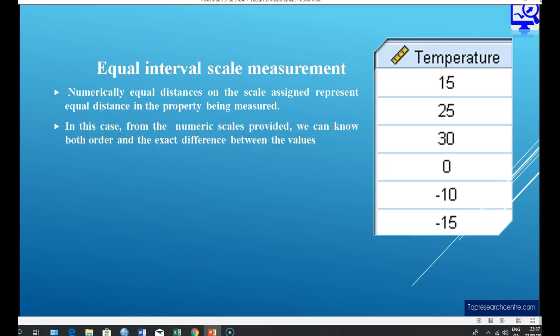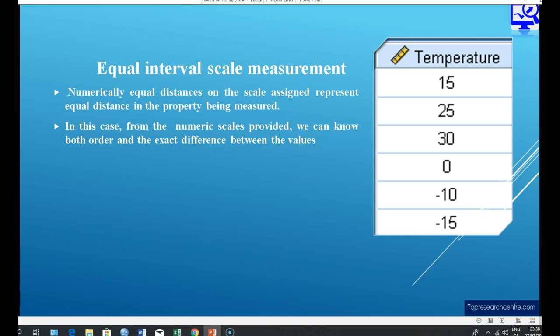So you find that in this case, from a numerical scale provided, we can both order and know the exact difference between the values. In my previous example on ordinal, we were able to identify the order, to say this is number 1, this is number 2, this is number 3, or this is poor health, this is good health, and this is excellent health.